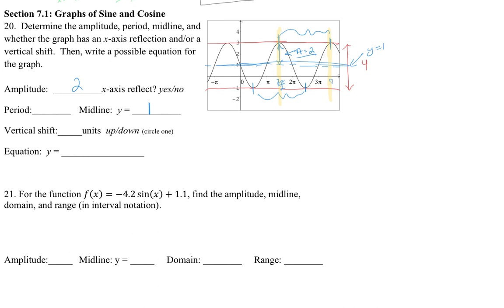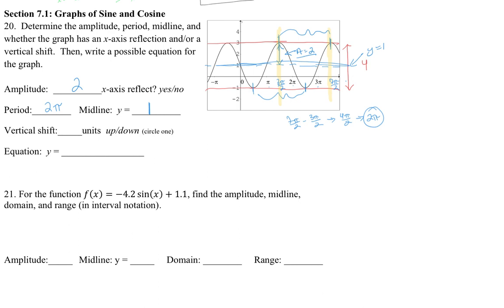There we go, 7 pi over 2. I'm just saying that because it's right between pi and 2 pi and 3 pi and essentially 4 pi, right? So if we're looking for our period, we're just going to subtract 7 pi over 2 minus 3 pi over 2. I get 4 pi over 2 or 2 pi. So that means every 2 pi it repeats, right?